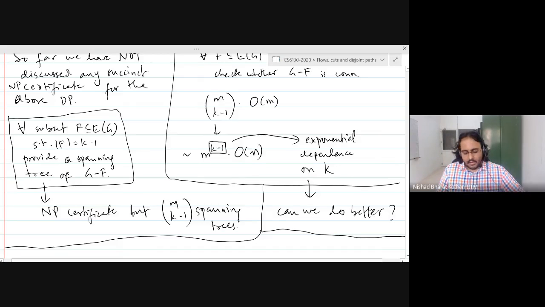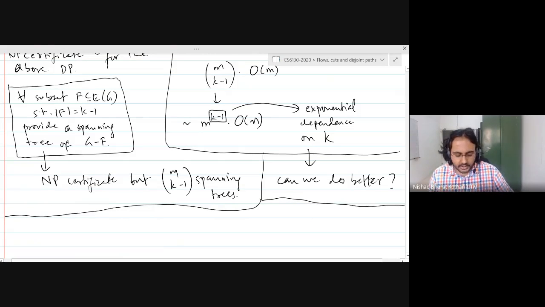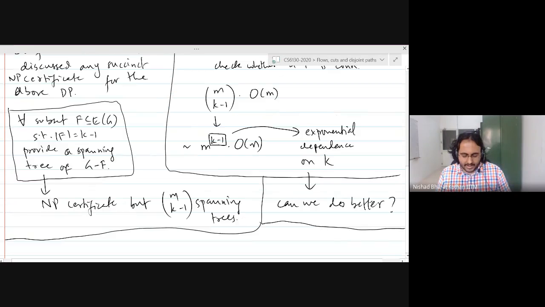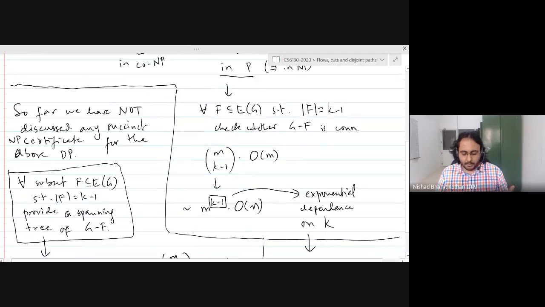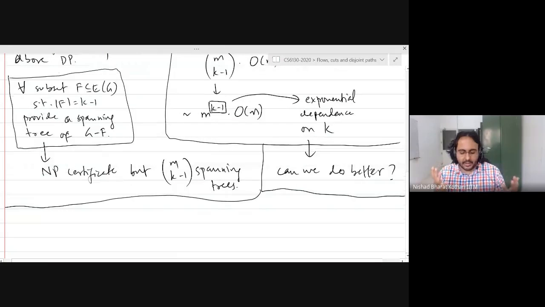So again, this depends exponentially on k. And that's the problem. What is stopping us from getting a good algorithm is we don't so far have a good NP certificate for checking whether a graph is k-edge connected.